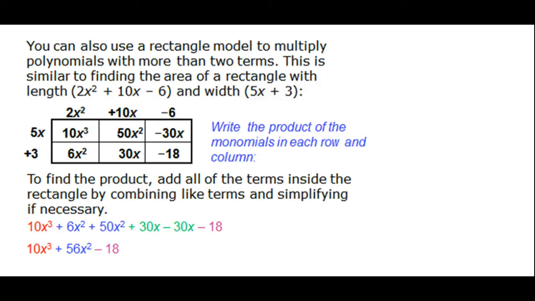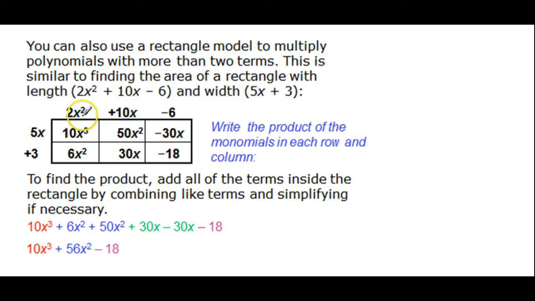I like to put my polynomials right next to each other and basically just do the distributive property over and over again. You can do it this way, okay? This has your trinomial on the top and your binomial on the bottom. I'm basically finding the area of each one of these little boxes.